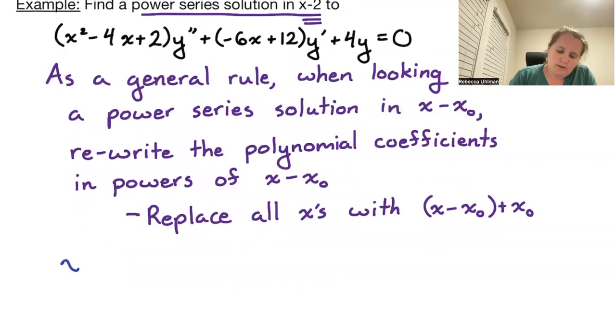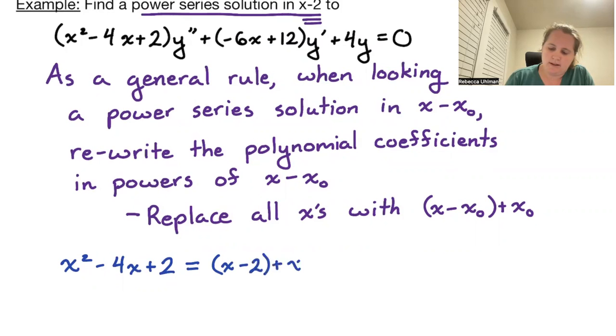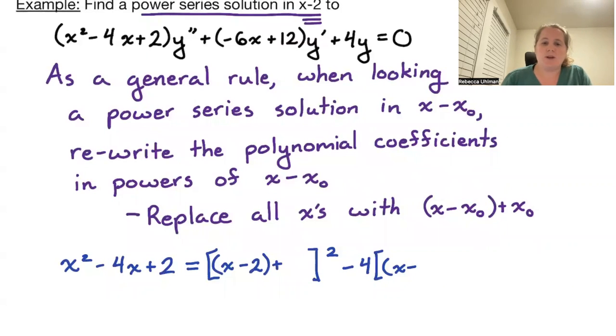So that first polynomial, x squared minus 4x plus 2, we can rewrite as (x minus 2 and then plus 2) squared, then minus 4 times (x minus 2 and then plus 2), and then we just have plus 2.